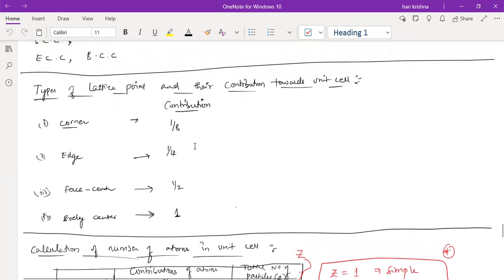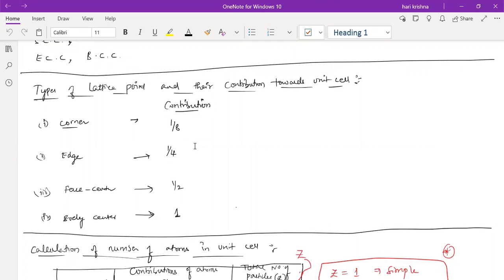First, we should know the contribution part of each lattice point in the given unit cell. So suppose the atom is at the corner, what is the contribution of that atom to the given unit cell? 1/8. If the atom is at the edge, 1/4, sir. The contribution is only 1/4. If the atom is at the face centered, the contribution is 1/2.